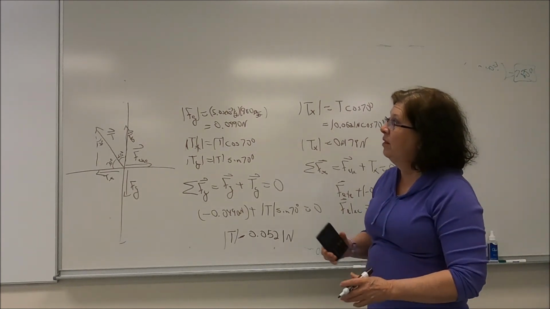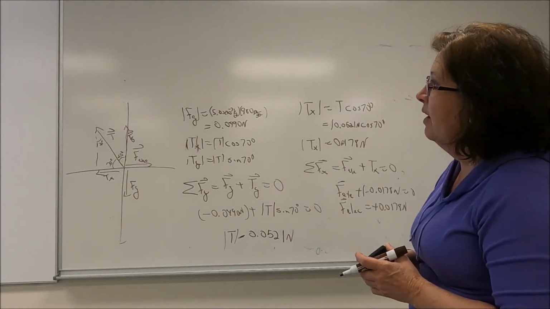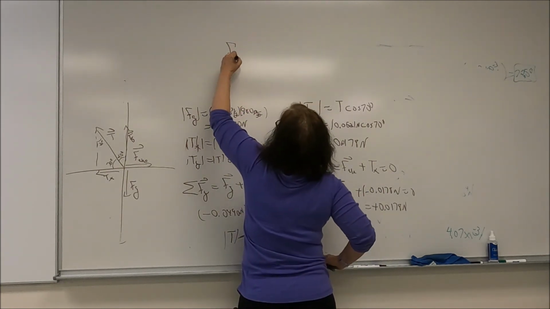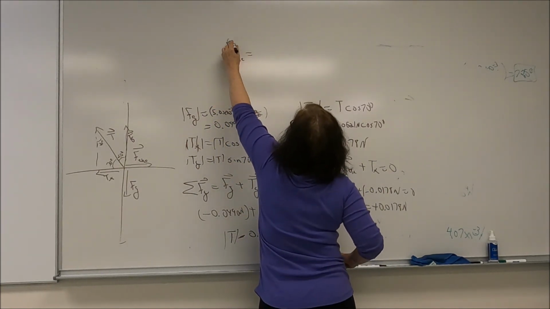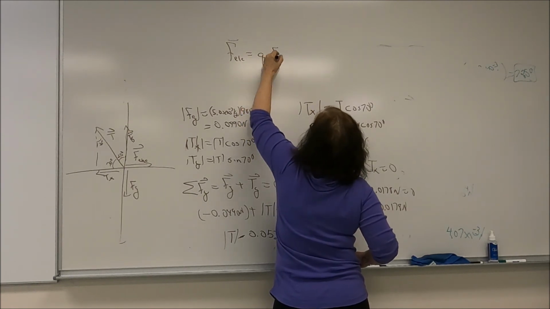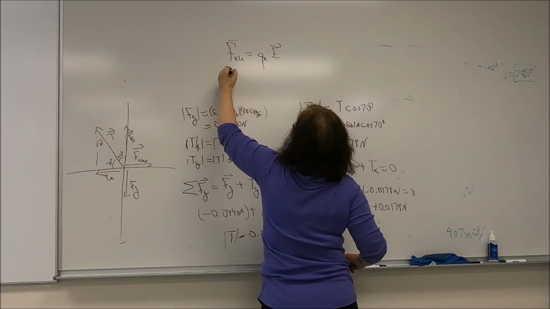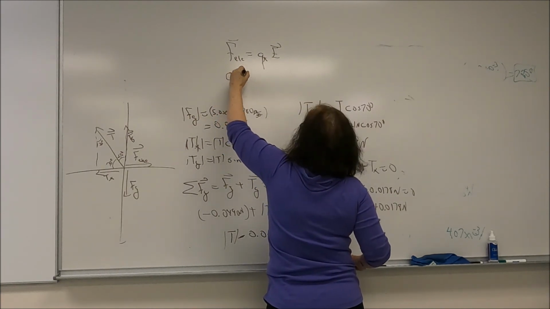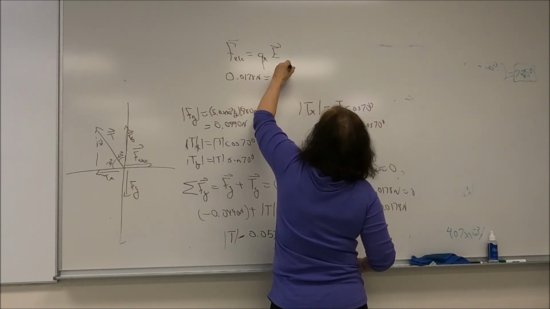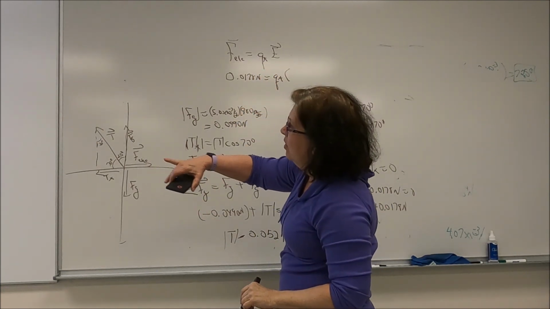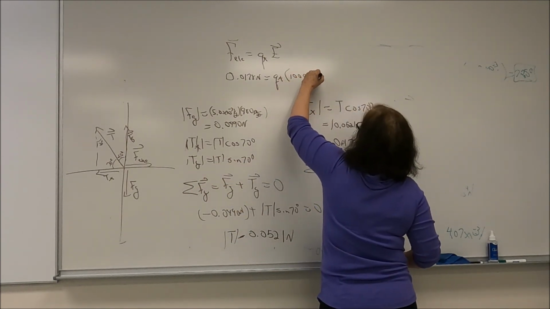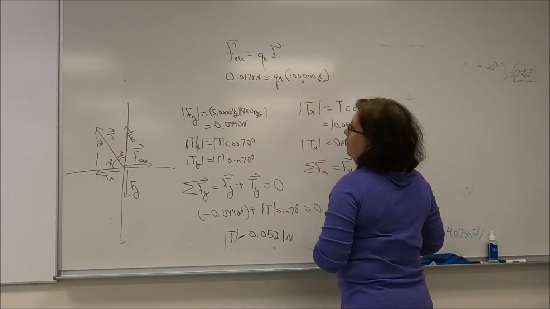Now, the thing that we were asked to find here is what is the charge on the ball. Well, our force electric has to equal Q test, which is the Q on the ball, times the strength of the electric field. Force electric was 0.0178 newtons, and that has to equal Q test times the strength of the electric field, which we're given was 100,000 newtons per coulomb.